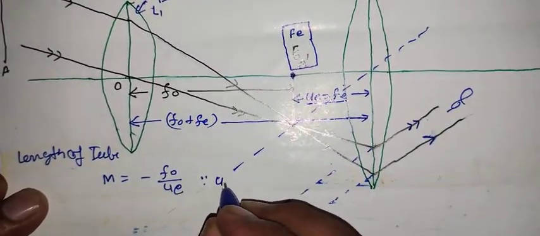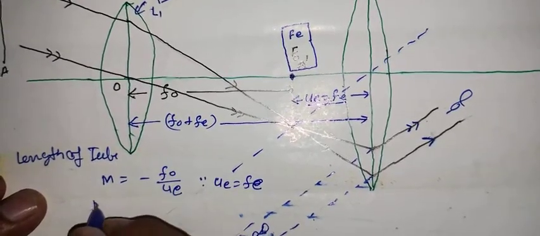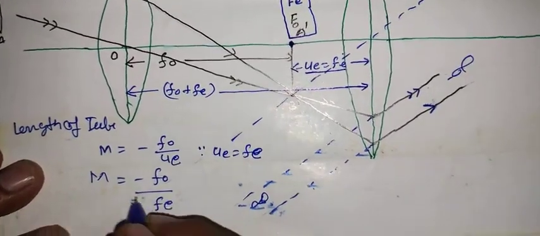Since UE is equal to Fe, the magnification can be written as M is equal to FO by Fe.